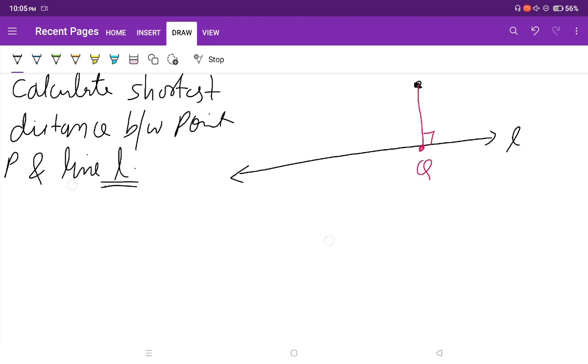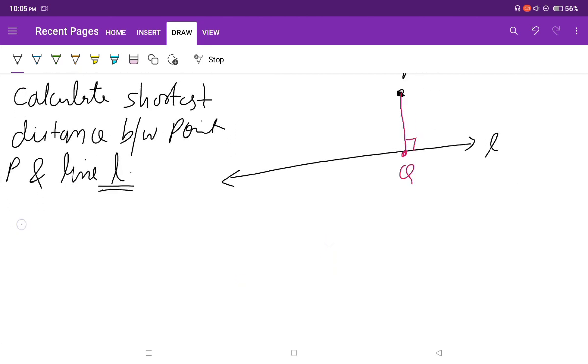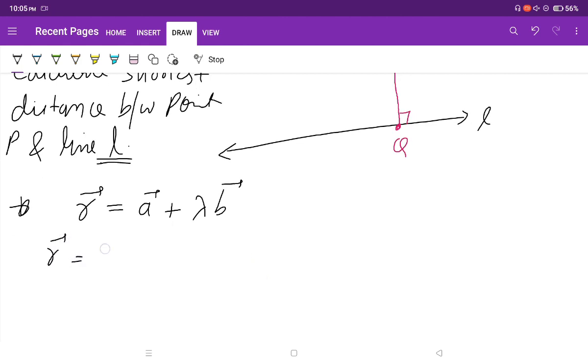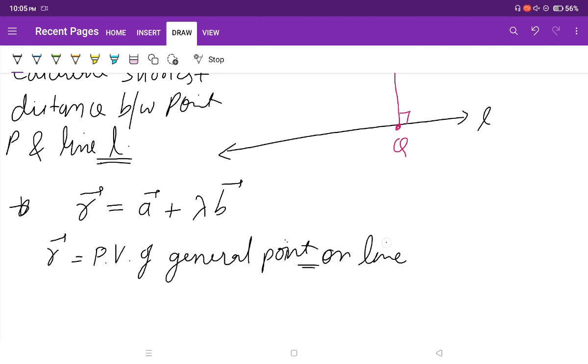Now you see the equation of line in 3D, right? Let's recall what it was: r vector equals a vector plus lambda times b vector, right? Where r vector was the position vector of a general point on the line, right?